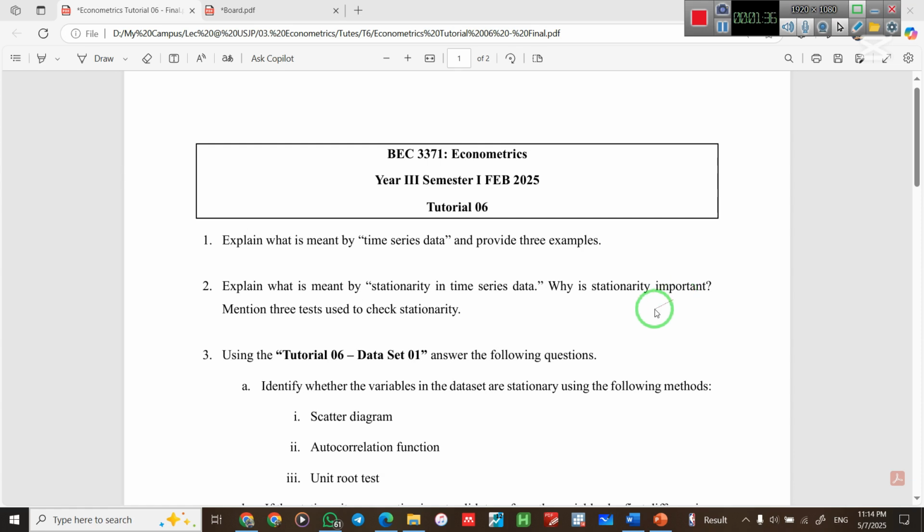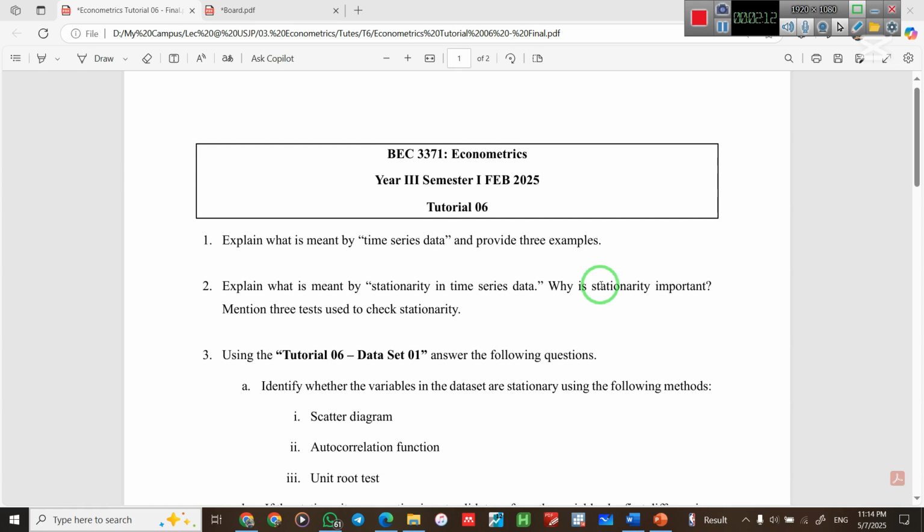So in the stationary concept, when we say the time series data are stationary, we say that the mean and the variance of the values are constant, right? When the time series data are stationary, their mean and variance are constant. So when the mean and variance are constant, in that kind of data set there are no huge fluctuations or huge changes like I said.